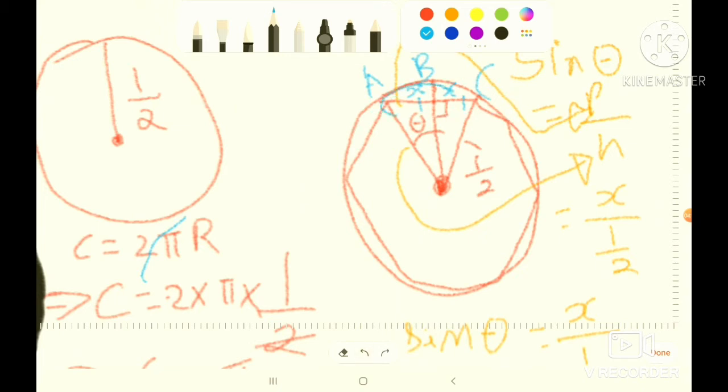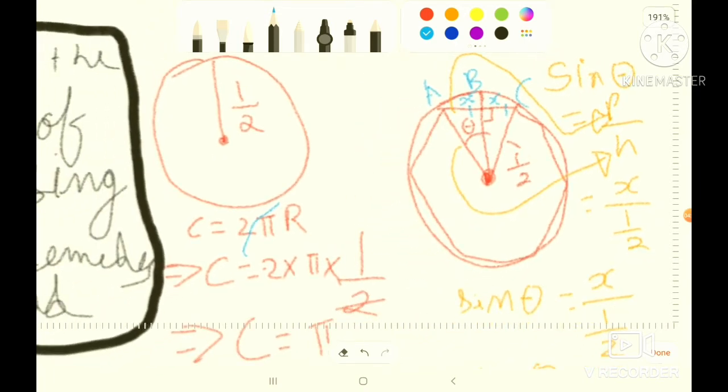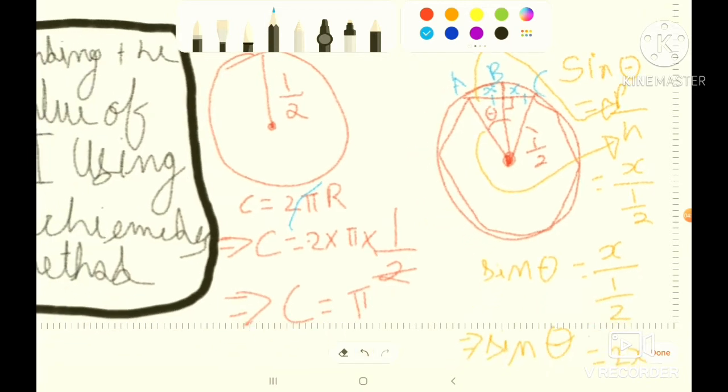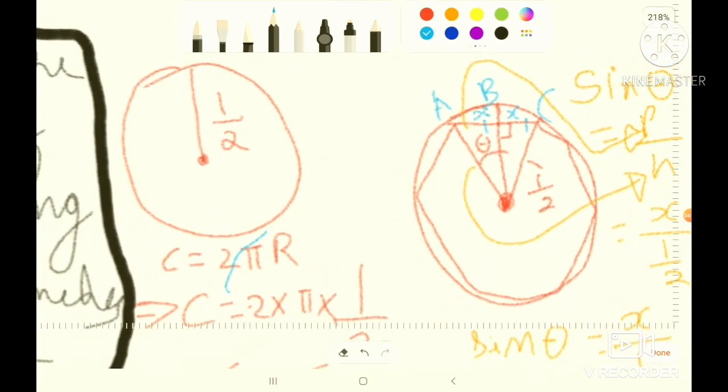To find the length of this side, we have to use some trigonometry. Let's call this angle theta. As you know, sine of any angle is equal to the perpendicular by the hypotenuse, where the perpendicular here is this x side, and the hypotenuse is this side.